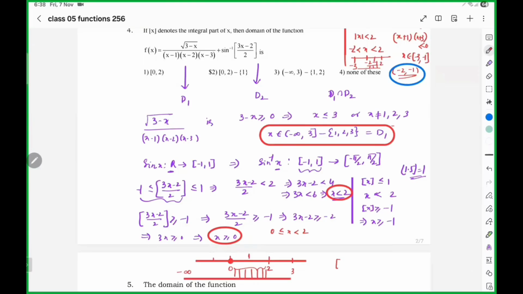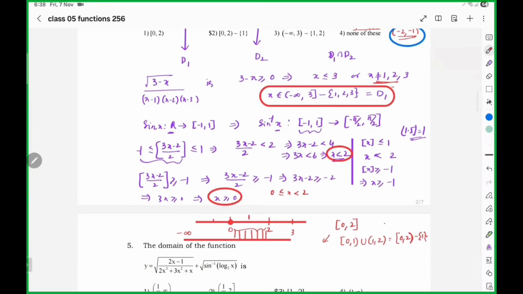Actually the common part is 0 to 2, but we should not take 1 and 2. The final answer is 0 to 1 union 1 to 2. 2 we should not take. Or I can write it as in the options, 0 to 2. Here if I write open, 2 is anyhow excluded, and 1 also we are excluding.